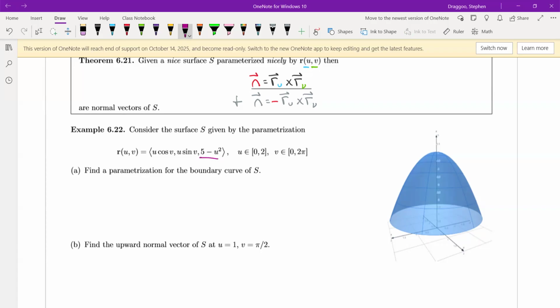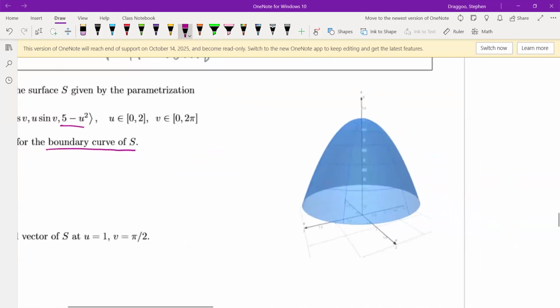And the first thing that we're going to try to do is a parameterization for the boundary curve of S. So the boundary curve of our surface over here. When you hear curve, we should be thinking about a line, right? So this is just probably a curved line going through space, but again, should be just a line and not a surface.